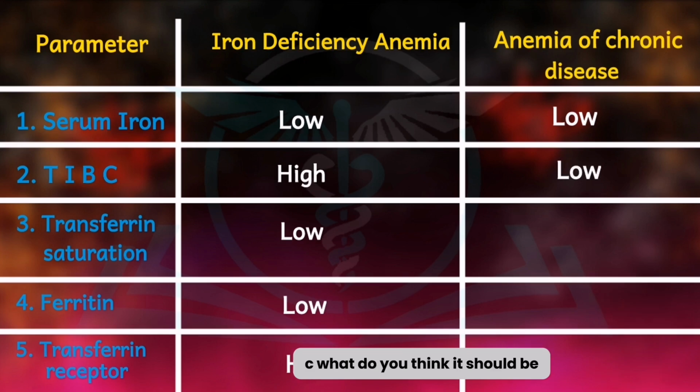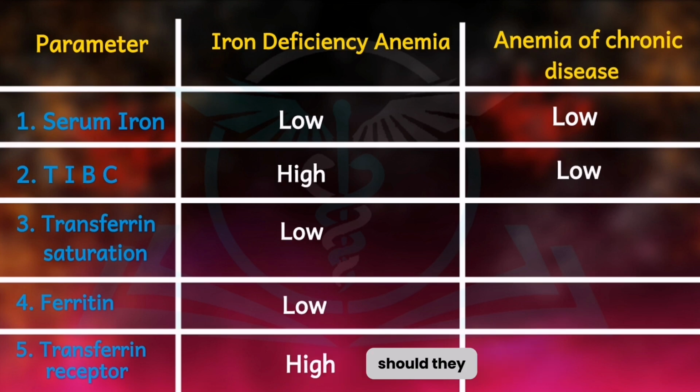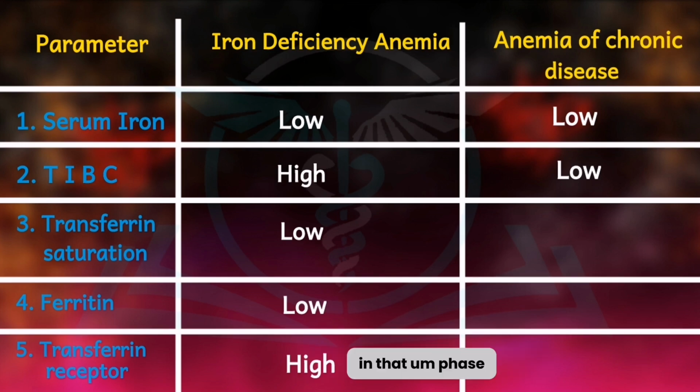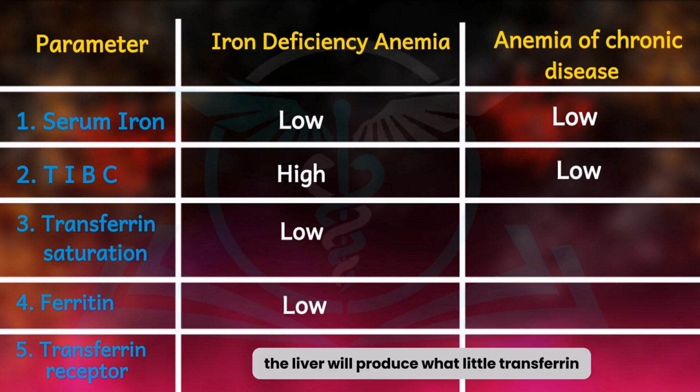Now, if the serum iron is low, watch this. The TIBC, what do you think it should be? Should it be low or high? The transferrin, should they have a capacity to bind to iron more? Remember we said transferrin was a negative acute phase reactant. So in that phase, the liver will produce what? Little transferrin.